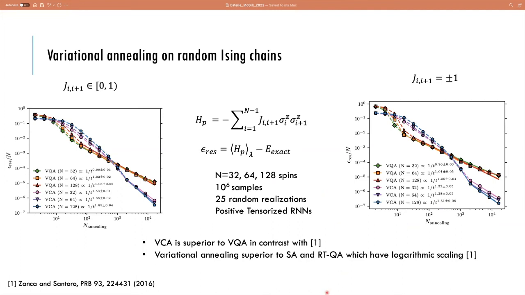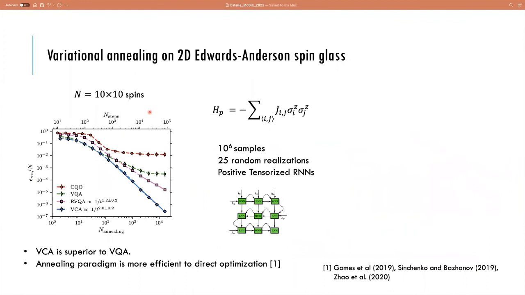So the next slide is where we increase the difficulty of the optimization problem. Now, the problem we are trying to optimize has this form, still disordered. But the difference is that now it's in 2D, and it's the so-called Edwards-Anderson spin glass, which is known to be harder than 1D chains.